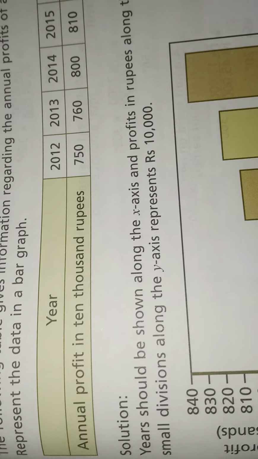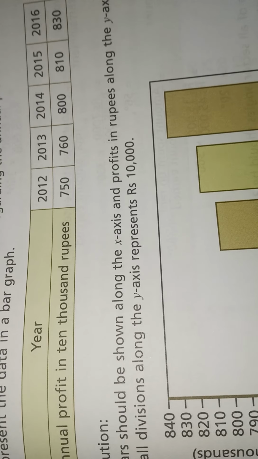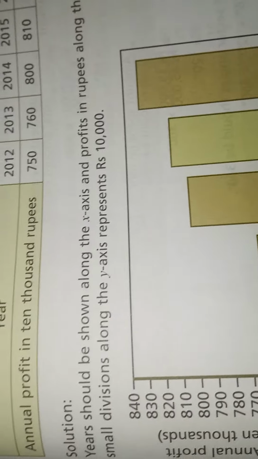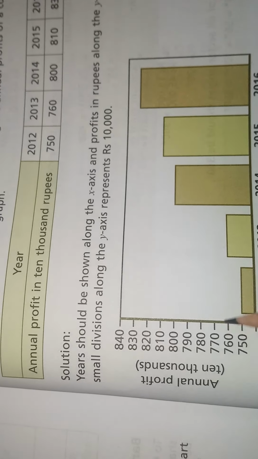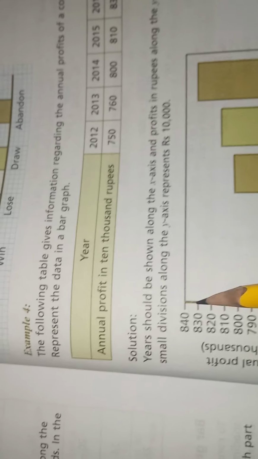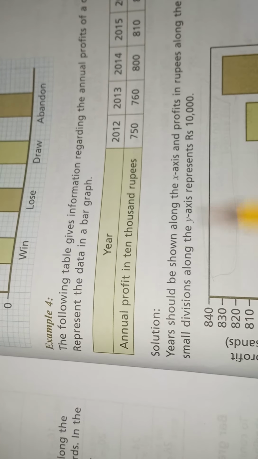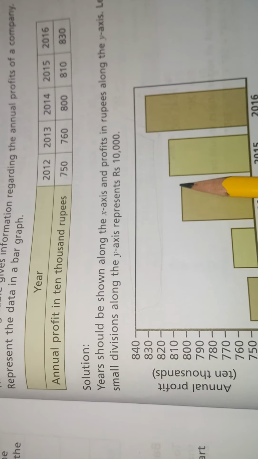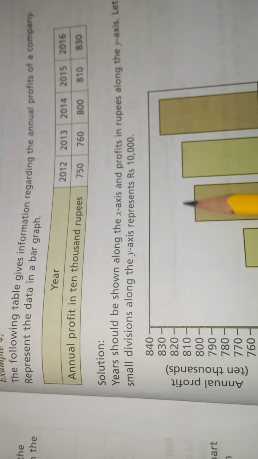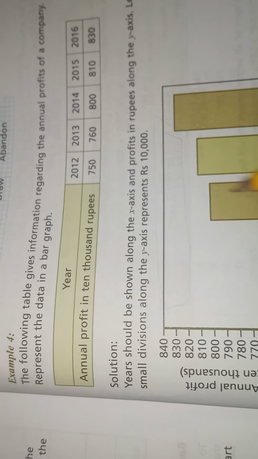For example, here the years are given, so we can give the numbers over here, the result of the students over here, and we have to give the name of the class or the numbers on this point. This data can be presented on the graph paper very easily, but we can do that on the other paper also. So first we have to represent it in this form.